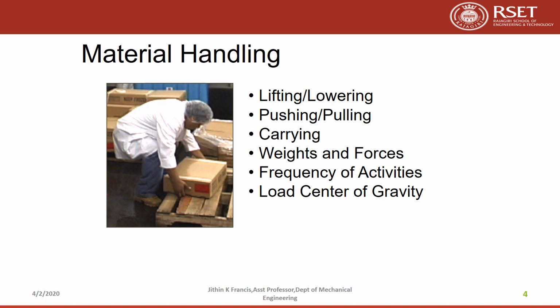But real-time material handling occurs not only within the space of business but also to the customer, and from the customer back to the factory. That is total supply chain management. But in the material handling course, we mainly deal with the material that is moved from one workstation to another workstation.